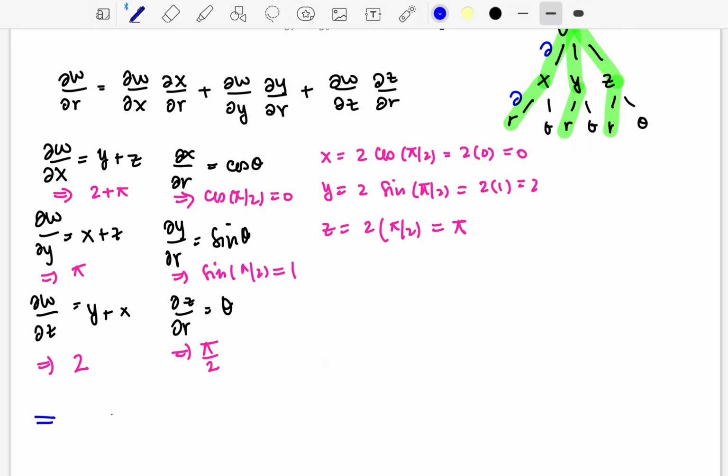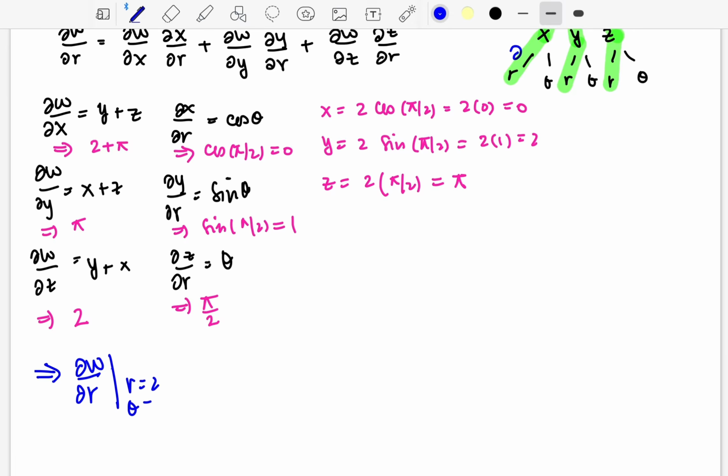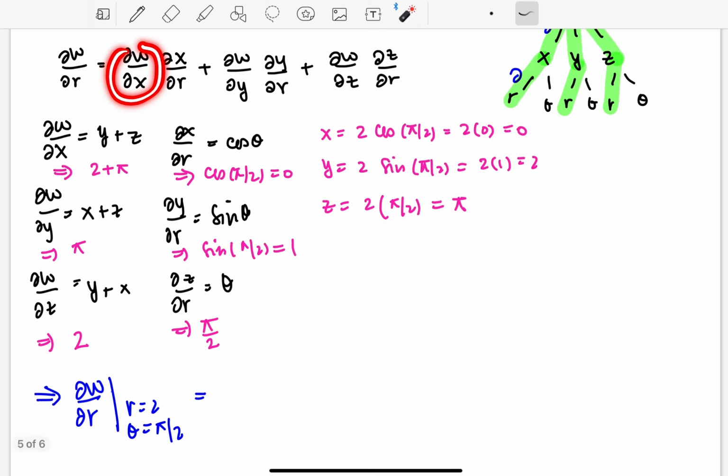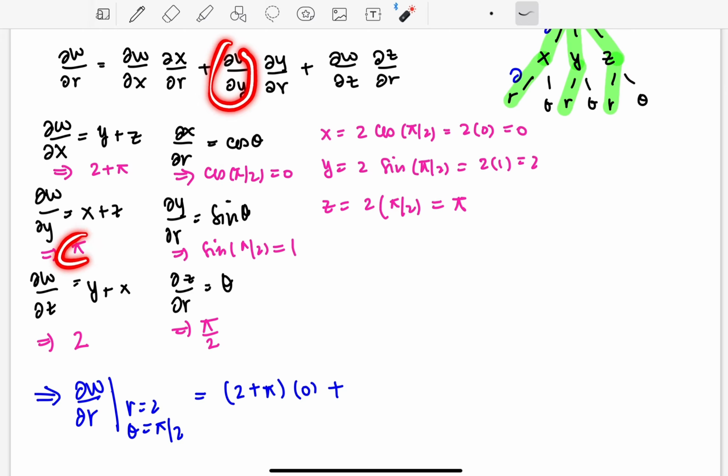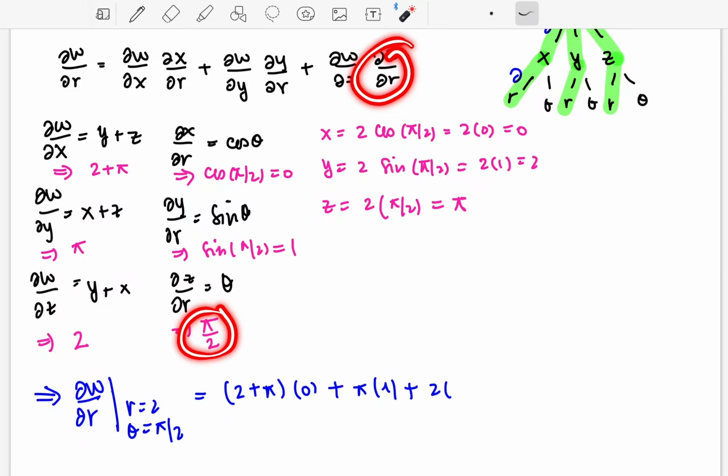So putting it all together, we get that dw/dr evaluated at r equals 2 and theta equals pi over 2 is equal to dw/dx, which is 2 plus pi, times dx/dr, which is 0, so that goes away, plus dw/dy, which is pi, times dy/dr, which is equal to 1, plus dw/dz, which is equal to 2, times dz/dr, which is just pi over 2.